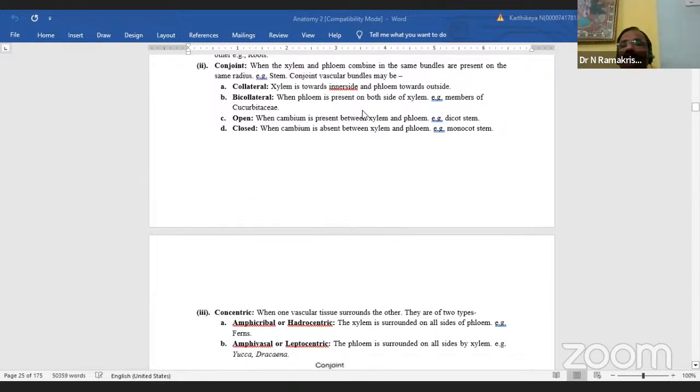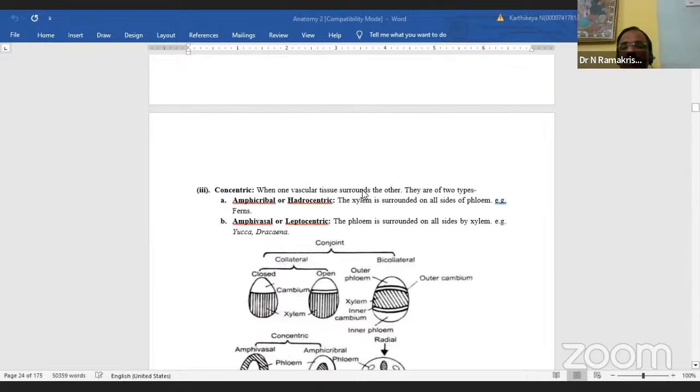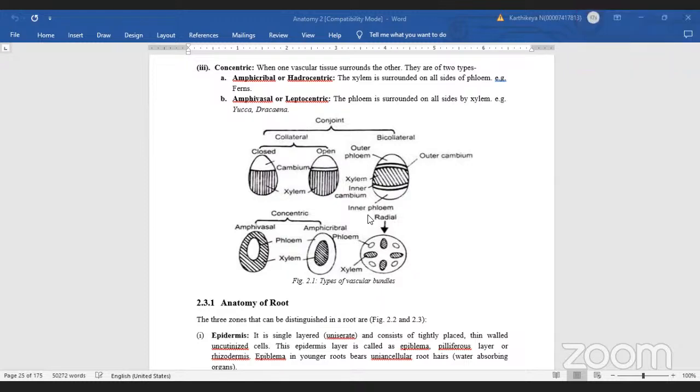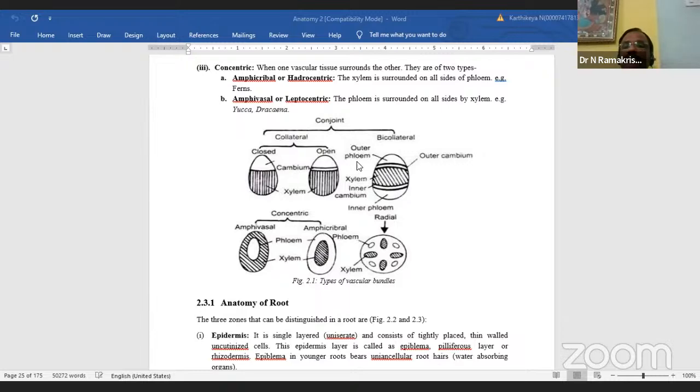When the phloem is present on both sides of the xylem, it is bicollateral. Here is the inner phloem, and here is the outer phloem, with the xylem in between. This is bicollateral. So this is all about the arrangement of xylem and phloem.